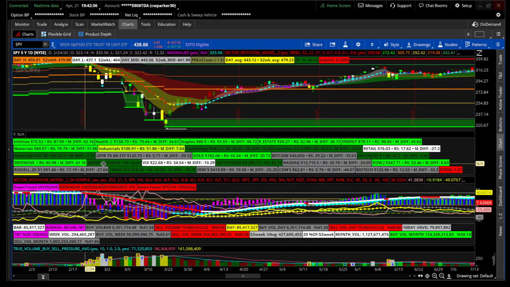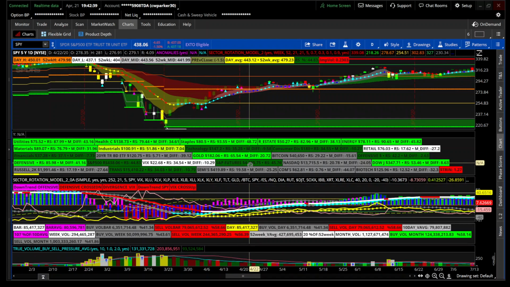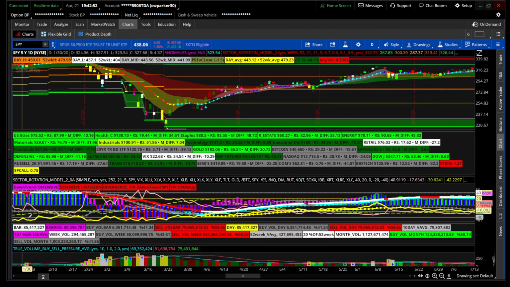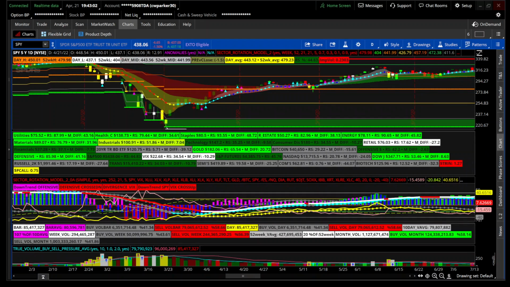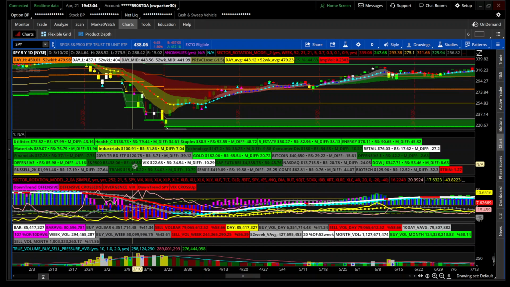So the S&P 500 is right here, and no, that's the futures. The S&P 500 is right here. It's just dark green. Its ratio number right now is at 44.